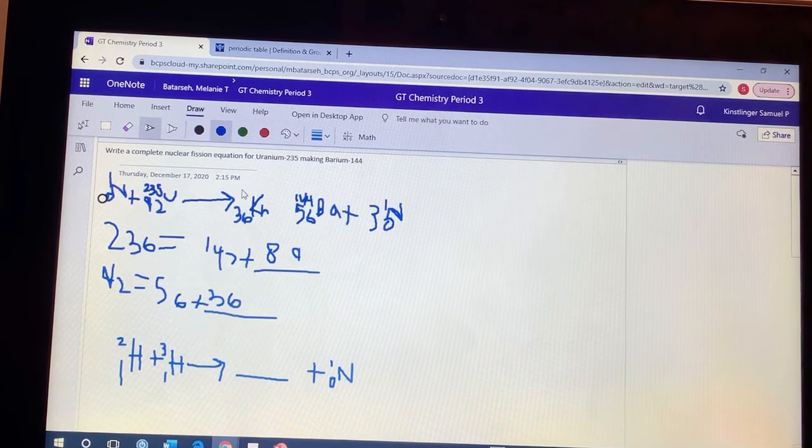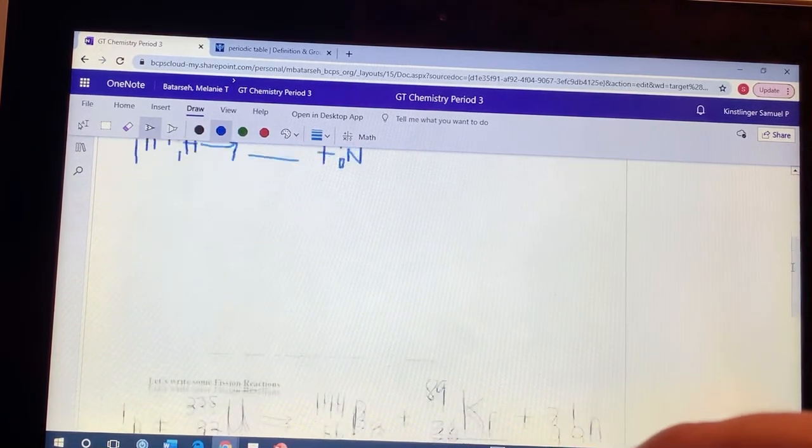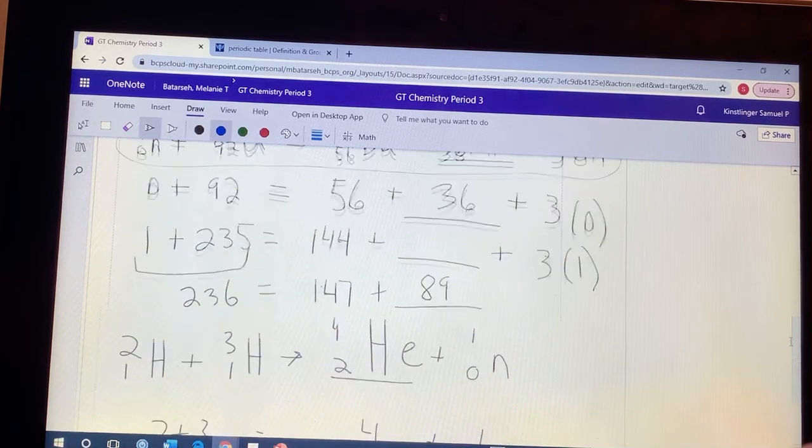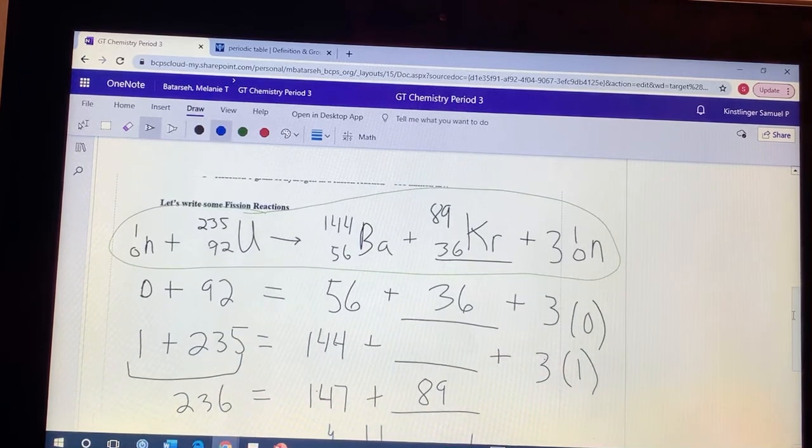So we have krypton 89. If you guys want to take a good look at that equation and really study it, I drew it a little neater here. That's how you get the full steps. So if you want, you can review that a little bit.